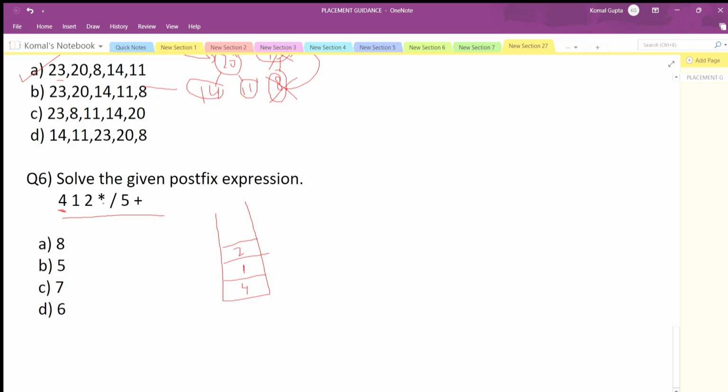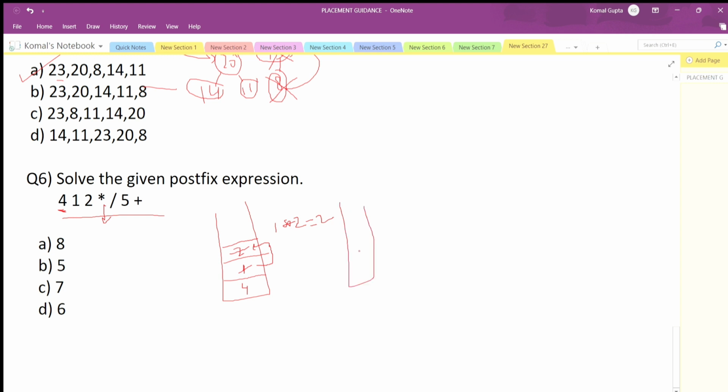Now there is an operation, that is the multiplication. So what we will do, we will multiply the first two upper values, which are 1 and 2. So we will multiply this 1 into 2, so the value is 2. So see, we will pop out these two values and we will multiply this.